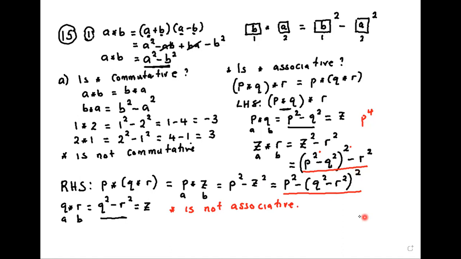So this very question was saying, after you have done that checking, the B part is saying, for each operation, evaluate 3 star 7 star 4.